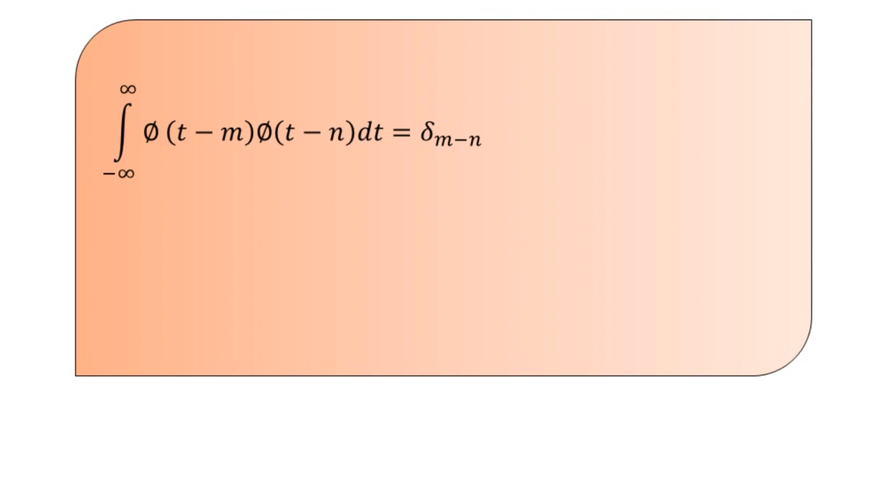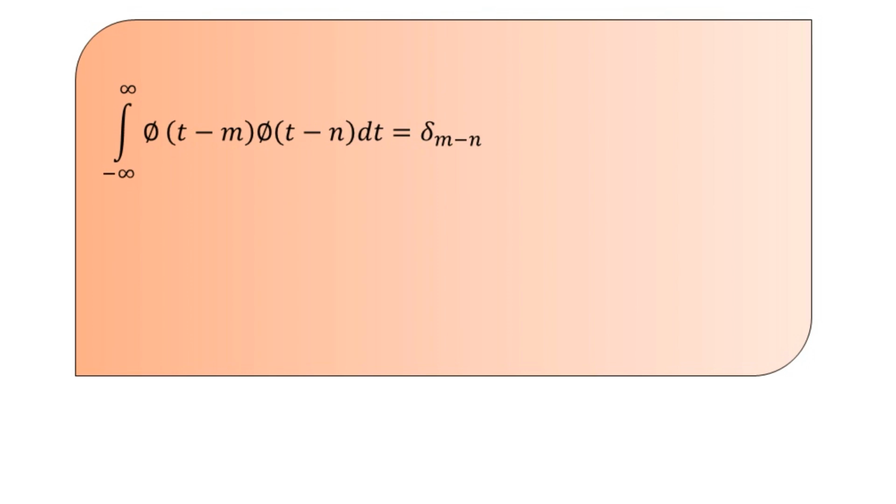Now there is another thing, as the orthogonality is essential, so is the orthonormality here. If m and n are two integers that are equal, these functions phi of t minus m and phi of t minus n will be identical functions, and there will be 100% perfect overlap between these two functional bases.